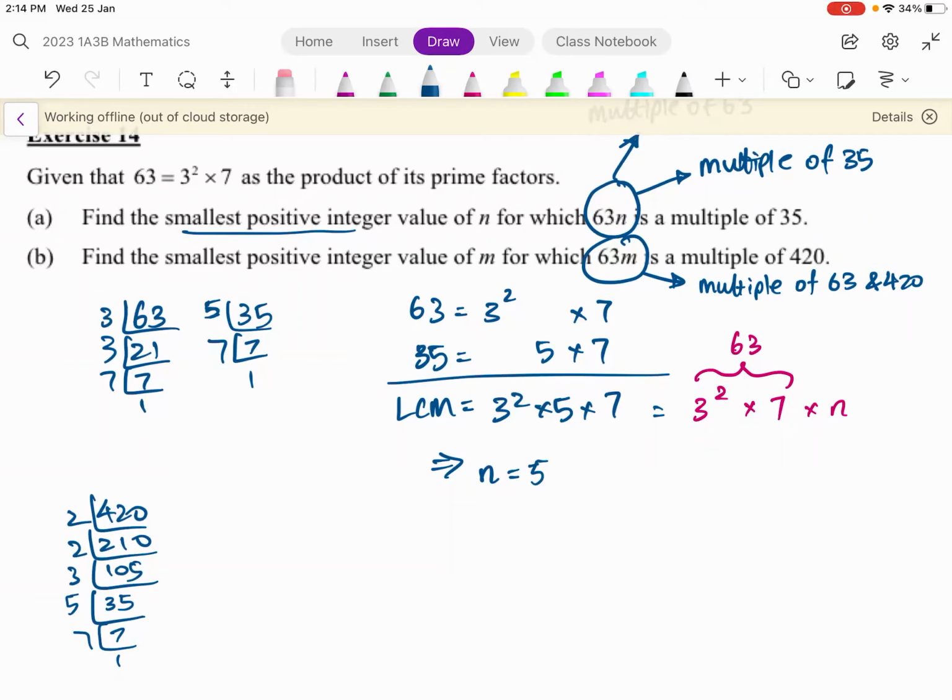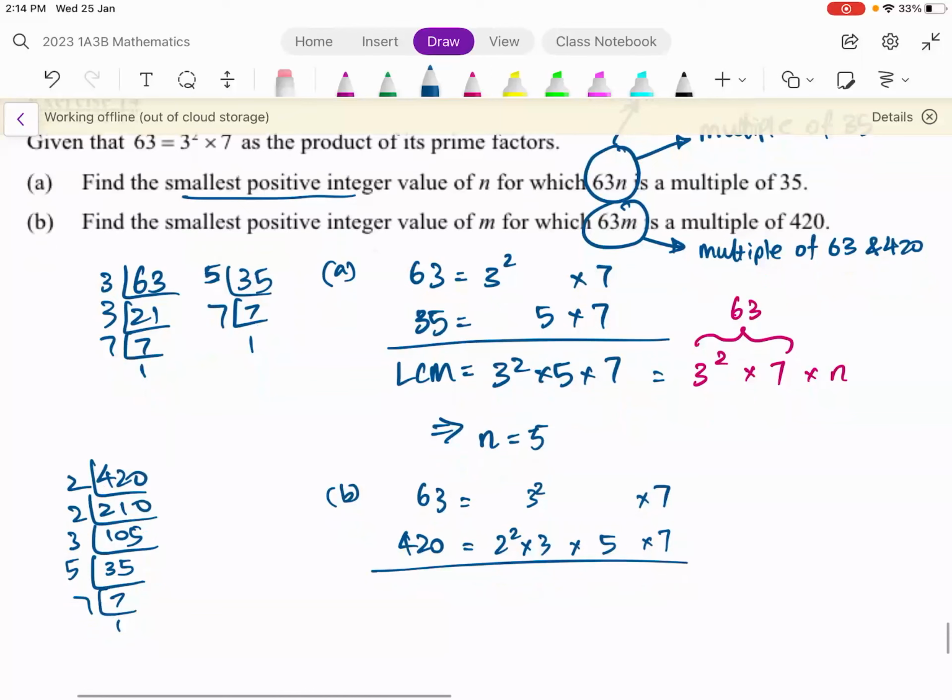So in part B, 63 is 3 square and 7, 420 is 2 square, 3, 5, 7. We are looking for LCM again. 2 square, 3 square, 5 and 7.